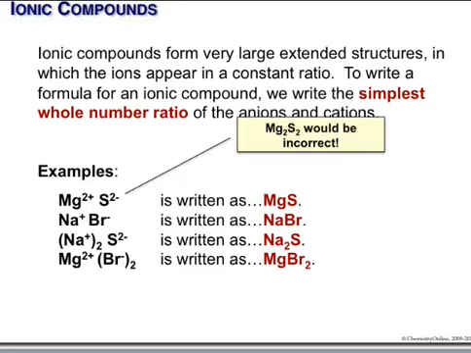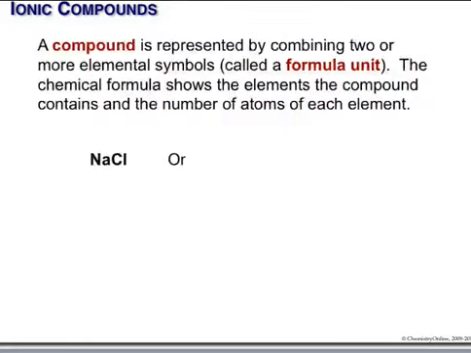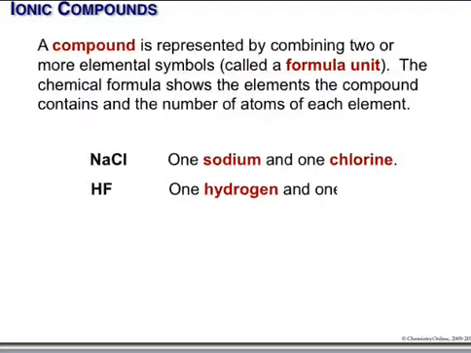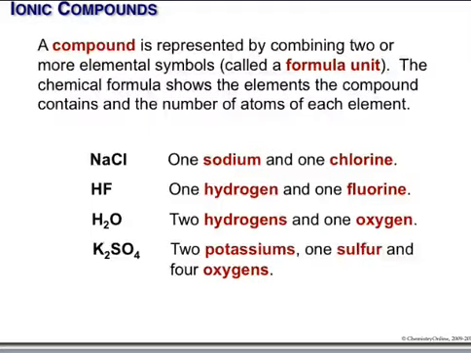Molecular compounds are a little more difficult. We name them differently, but for these, we're simply going to write the lowest whole number ratio. Now, I will make this slip over and over again, and I'm sure you will too: when you're dealing with an ionic compound, you may not legally call it a molecule, because molecule is reserved for a molecular compound.